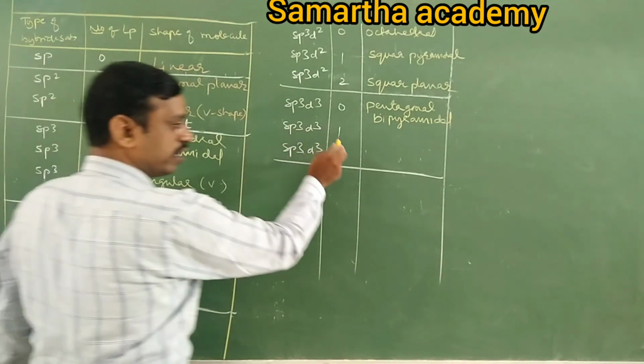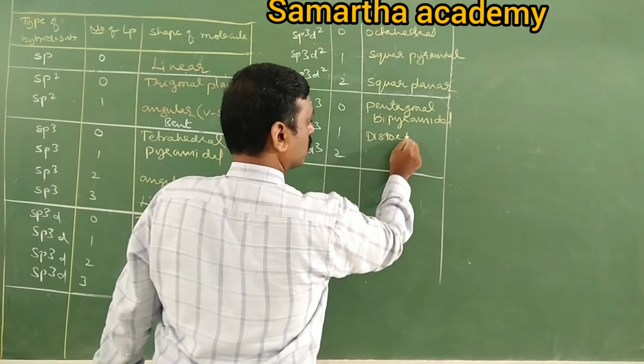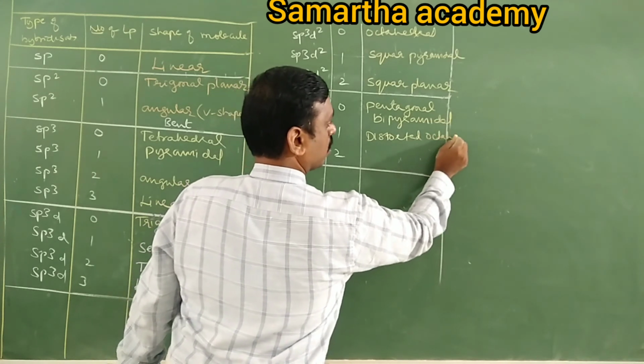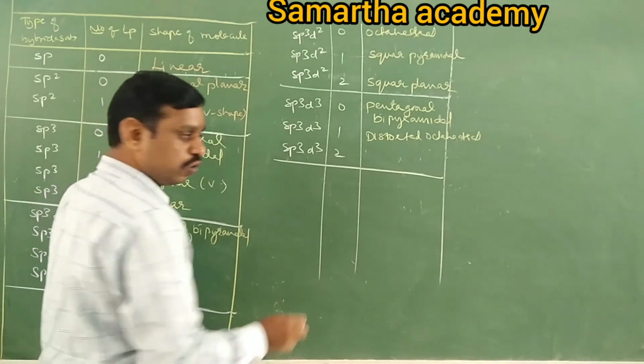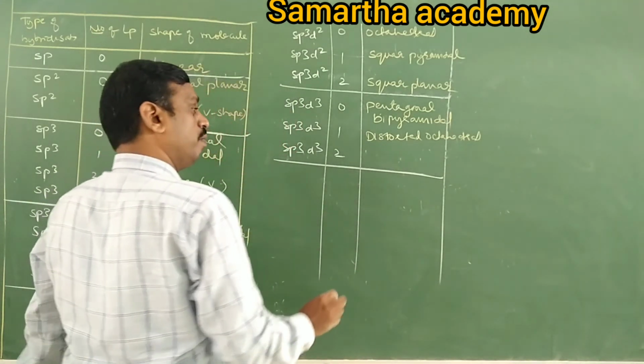Next, sp3d3 with 1 lone pair, distorted octahedral. sp3d3 with 2 lone pairs, it is pentagonal planar.